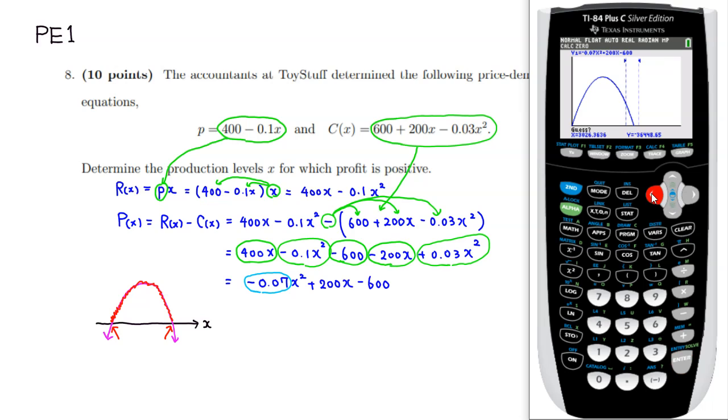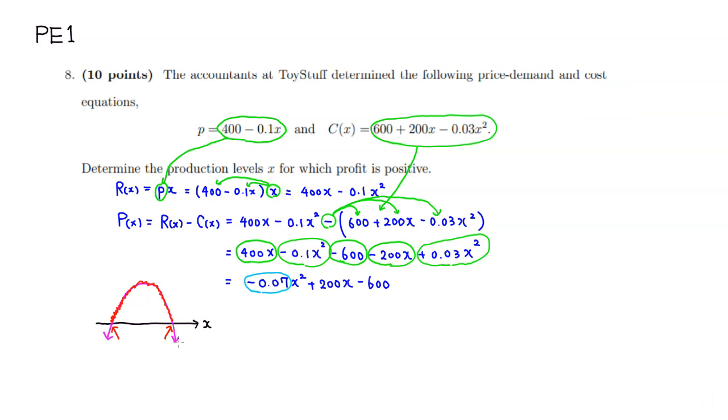Then enter again. You can see that you have about 2,854, approximately.